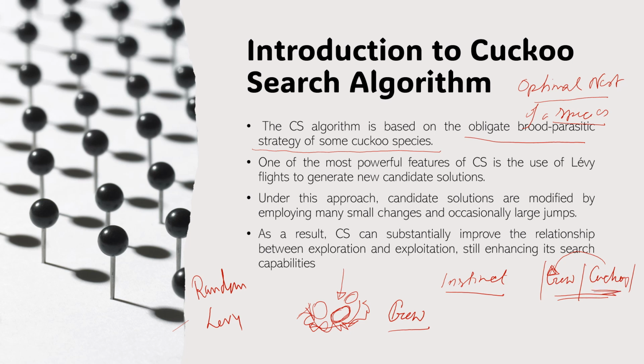This type of search is an adaptive search. Why am I saying it is adaptive? Because it targets the optimal nest. It doesn't use any random path where it randomly lays eggs. No. It targets the best nest, suitable for its egg to be hatched first, then nurtured, and which has a greater chance of generating healthy offspring.